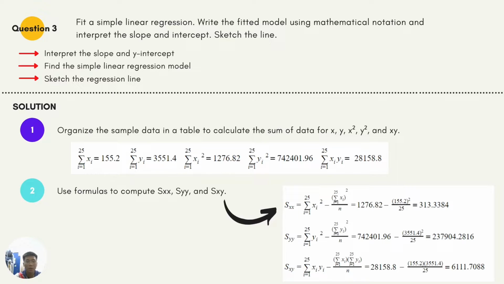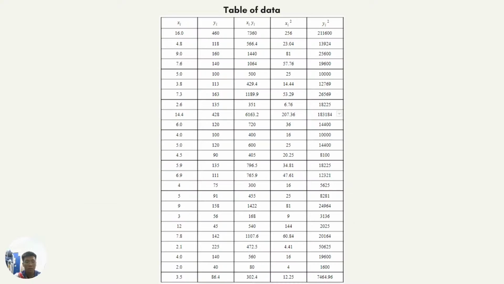So first step, organize the sample data in a table to calculate the sum of data for x, y, x squared, y squared, and xy. This is our table of sample data, and you can see there are 5 columns for each of these terms.